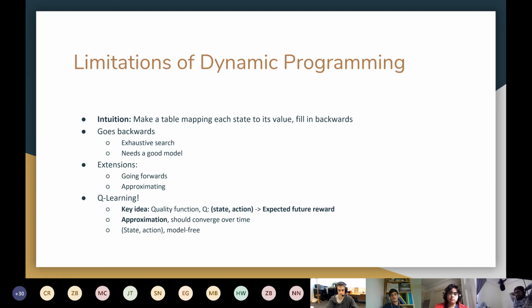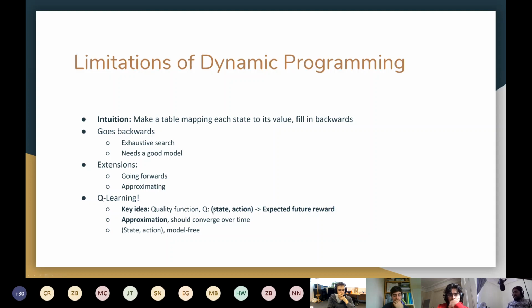And the idea in Q-learning is that you have an approximate function. It starts out with some really dumb initial value, and over time you want it to slowly converge to a good useful value. And we want to try to borrow some of the ideas from dynamic programming to do this well.